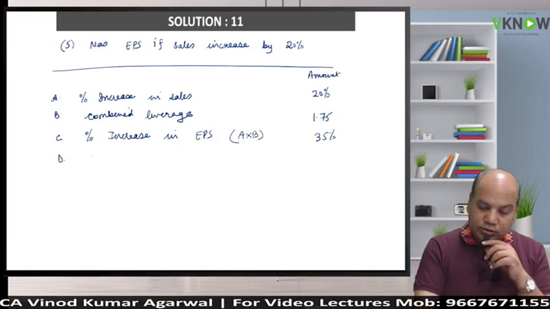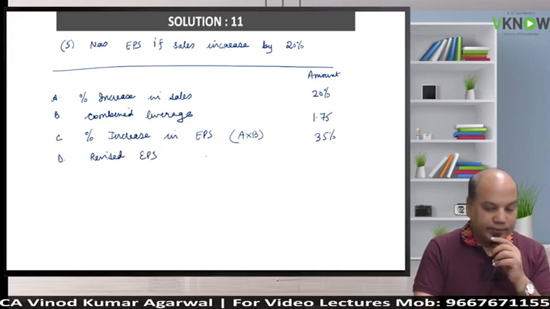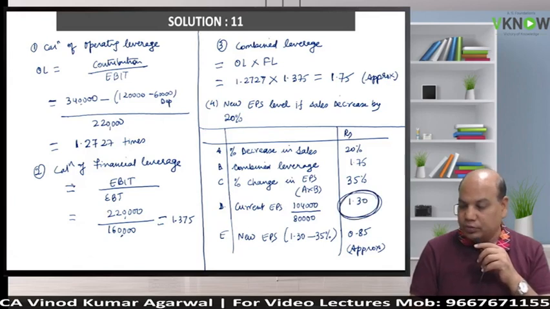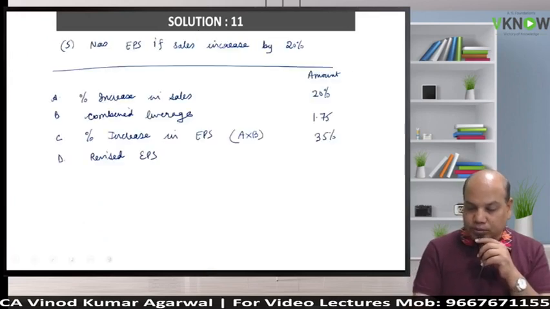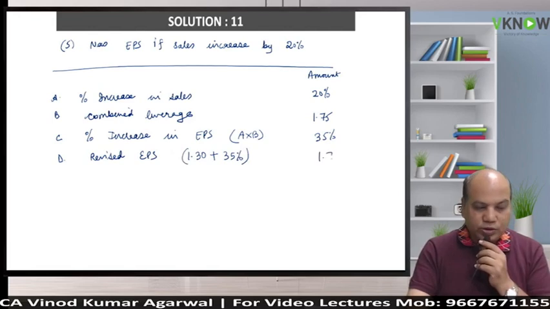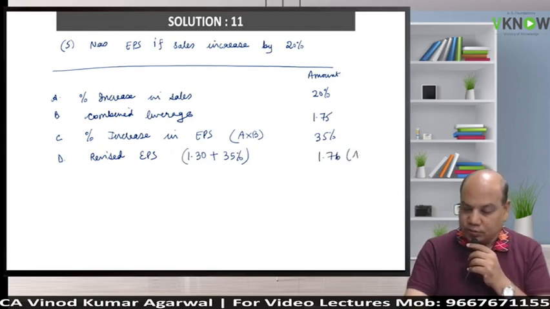And point D, new EPS or revised EPS. So existing EPS was how much? 1.3. On the screen below, 1.30. So 1.30 plus 35%, so 1.76 approximately right now.